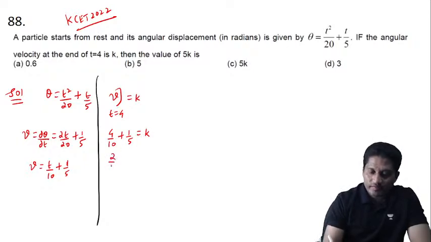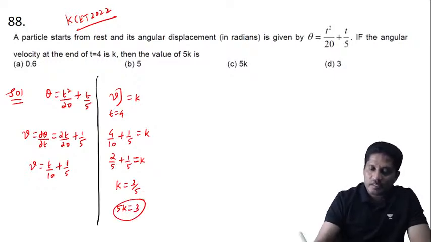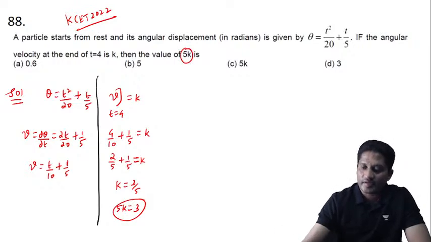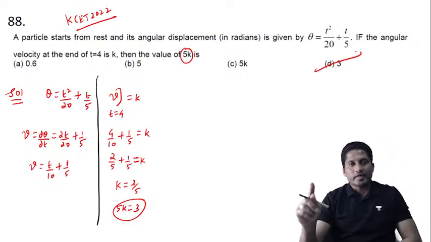So this is 2 by 5 plus 1 by 5 is equal to k. K is equal to 3 by 5. If I cross multiply, 5k is equal to 3. Now the question is, what should be the value of 5k? 5k should be equal to plus 3. 2022 question.